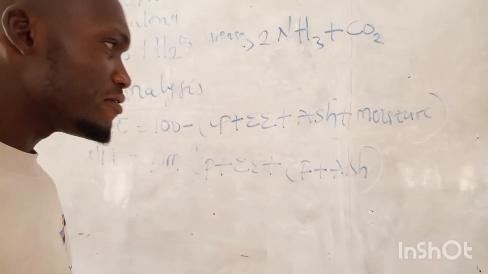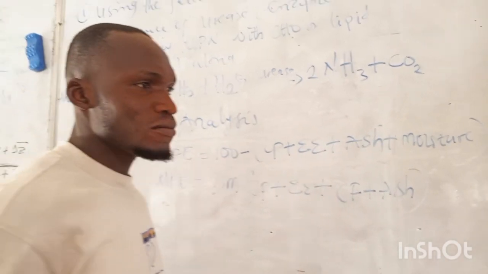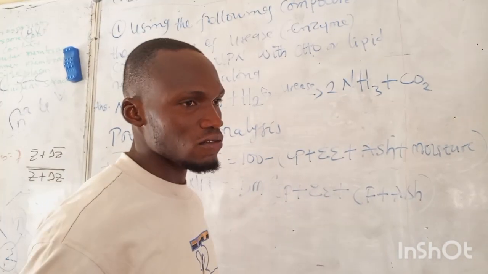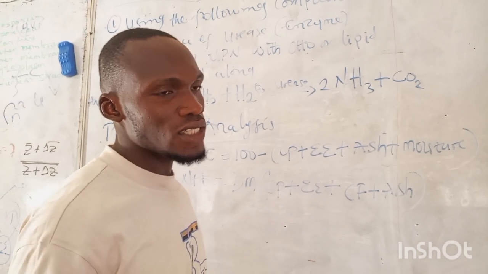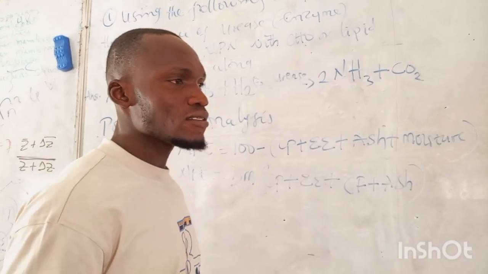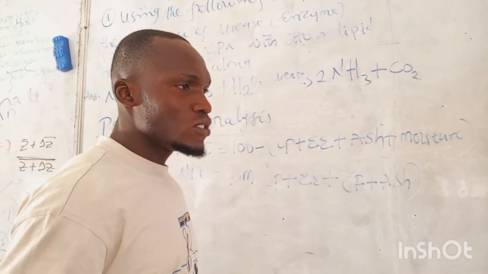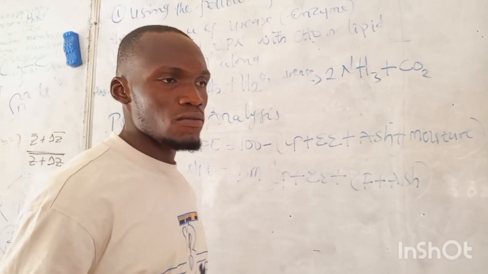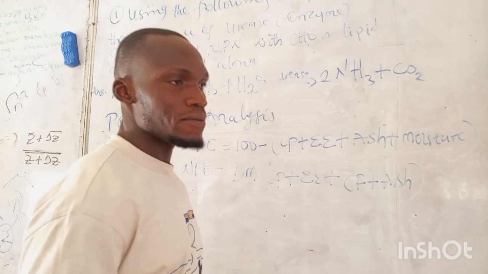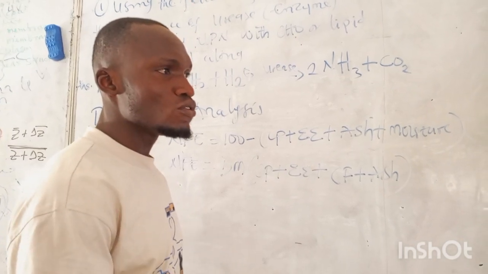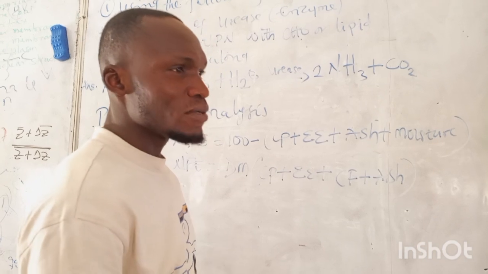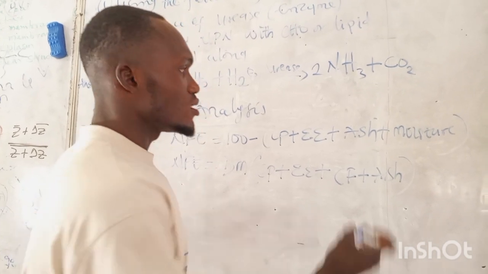Now, in every feedstuff, let me put it that way, we have the dry matter content and the liquid content of that material. Take maize as an example. When you harvest maize, the seed will look so fresh and kind of bigger. But when you sun-dry them, when they begin to dry and lose liquid, they begin to get tiny.